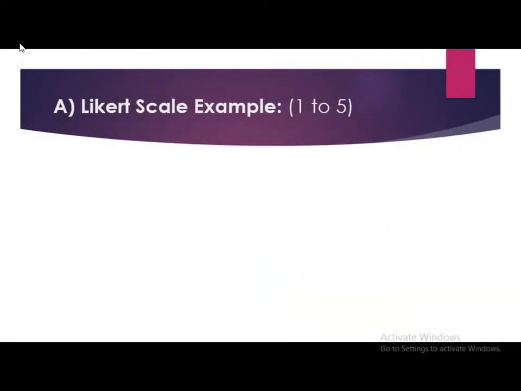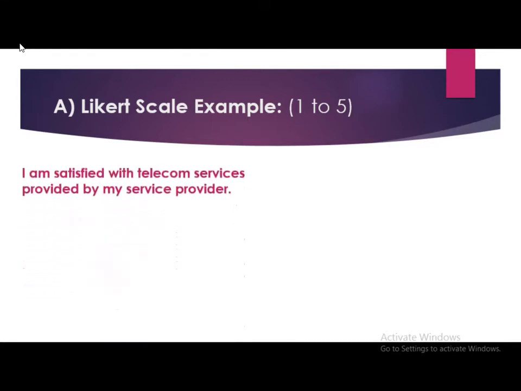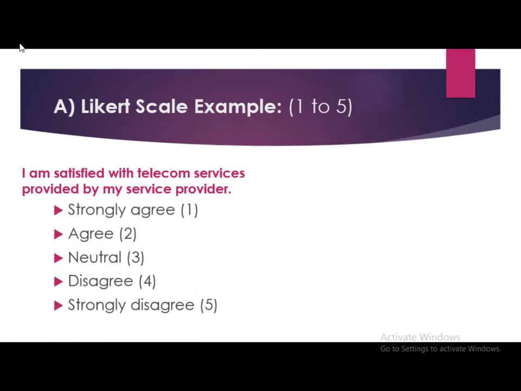Another Likert scale example, again of 1 to 5. Suppose the statement is: I am satisfied with the telecom services provided by my service provider. The options can be strongly agree, agree, neutral, disagree, and strongly disagree.